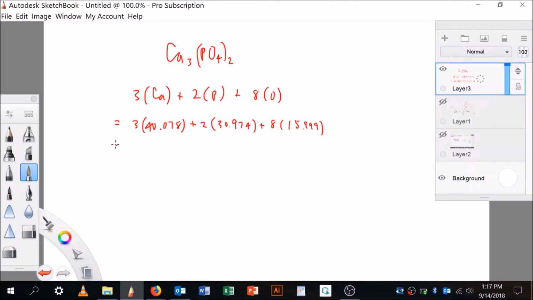I'm going to use my calculator here, not one in front of you. I'll clear, then 3 times 40.078 equals 120.234.